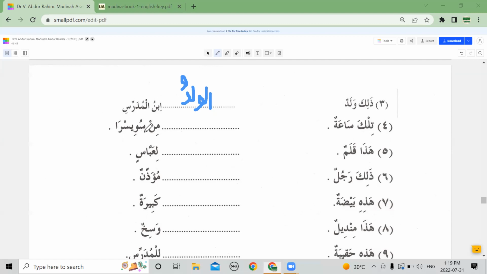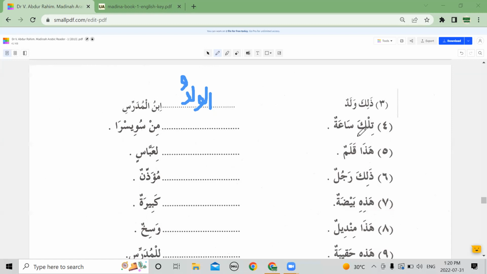Suisra is Switzerland. Okay. So what does that mean? It means this watch is from Switzerland.